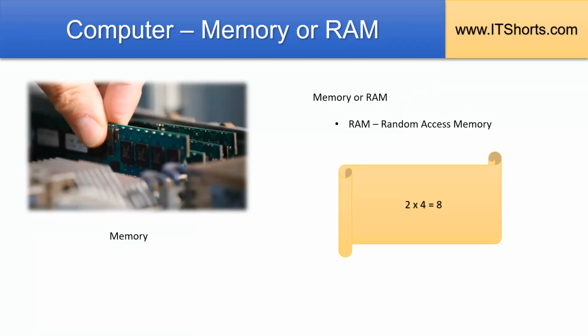The next important component is memory, also known as RAM, which is an acronym for Random Access Memory. Let's just say if we are given this math problem on a piece of paper and asked to solve it, we would solve it by writing the answer as 8. But what exactly happens while we do that?